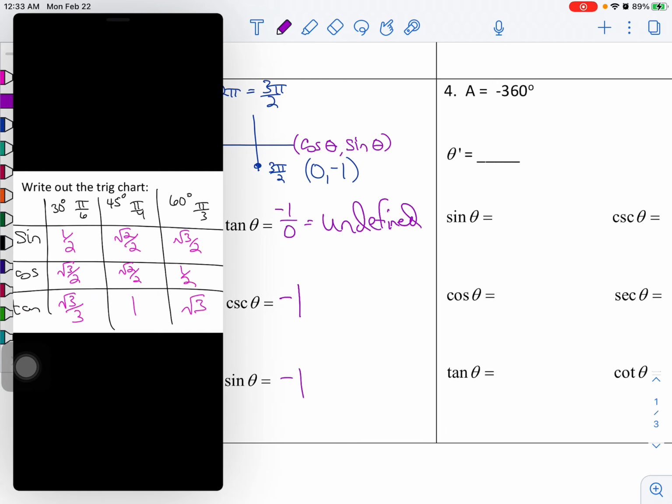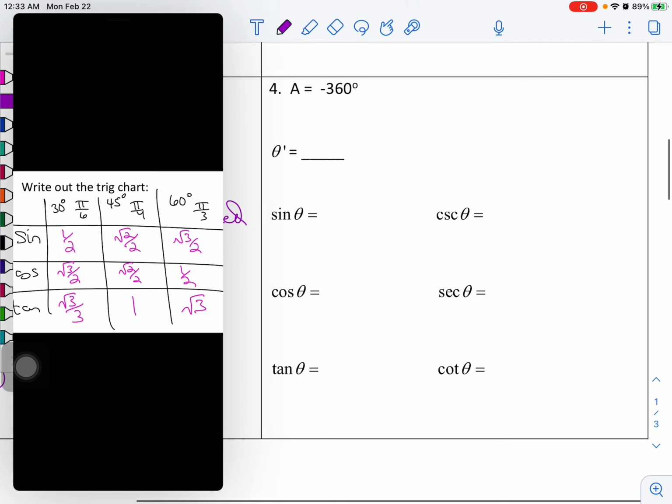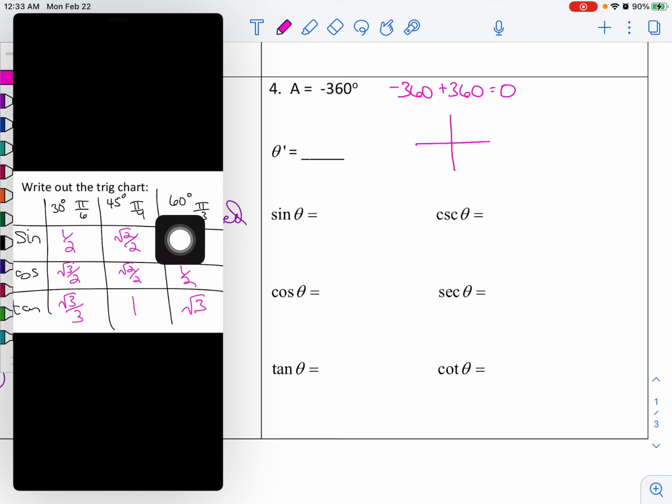I'm going to slide my little trig piece of information over to the side here. All right, and problem number 4, we've got theta is equal to -360 degrees. If we were to take -360 and add 360, we get 0. If I look at my trig chart, 0 doesn't exist.